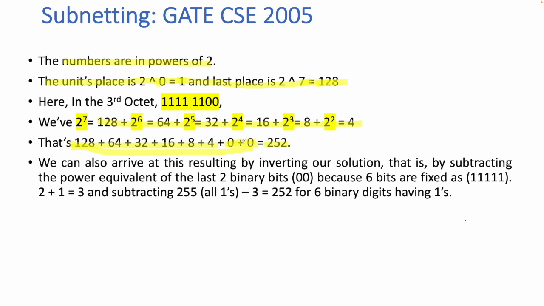So make them 1 and subtract from 255. So 2 to the power 1 is 2, plus 1, that is 2 to the power 0, is 3. So 255 minus 3 is 252 for 6 binary digits having ones, right?